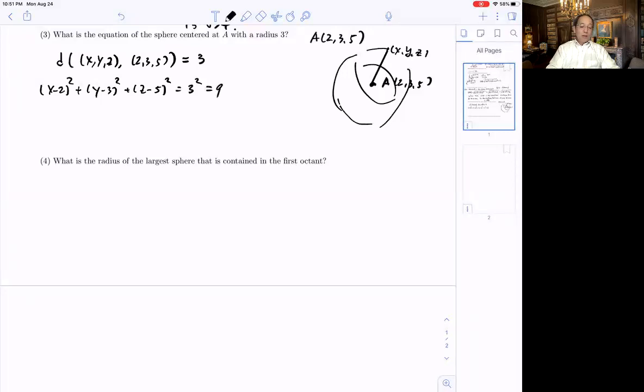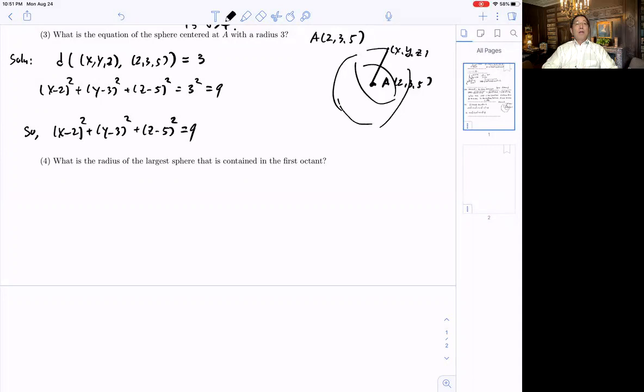Okay, so the equation over here, let me again put it over here. So the equation is simply x minus 2 squared plus y minus 3 squared plus z minus 5 squared is equal to 9. You may say you don't like these parentheses, you want to multiply them out.